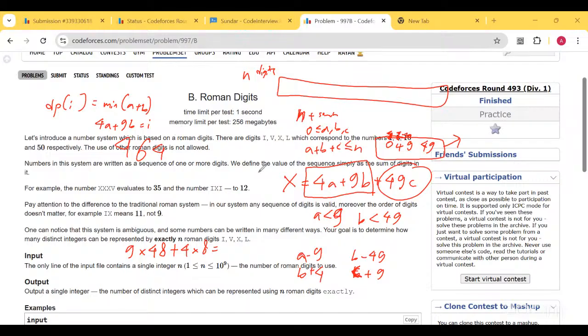And then for that case, we can add 49, 49, and so on. So it is just like handling 49 cases. The case when x modulo 49 is 0, the case when x modulo 49 is 1, and so on until 48. You got it?